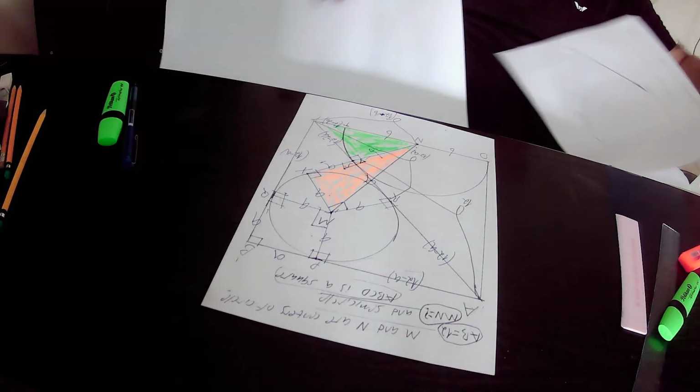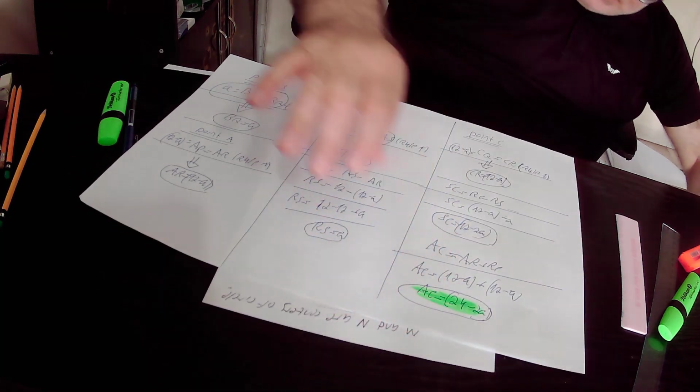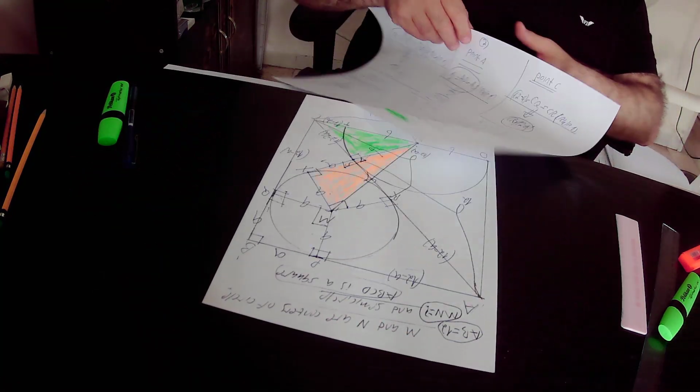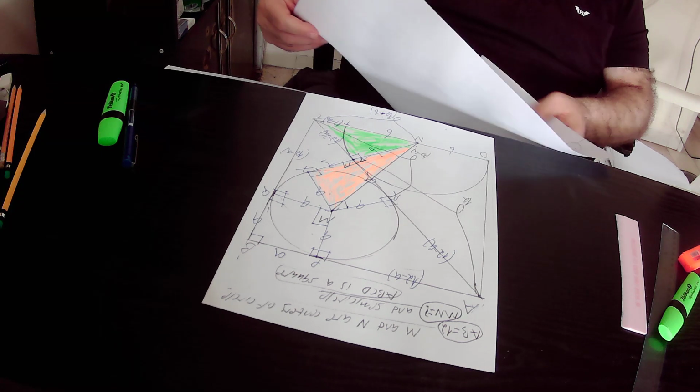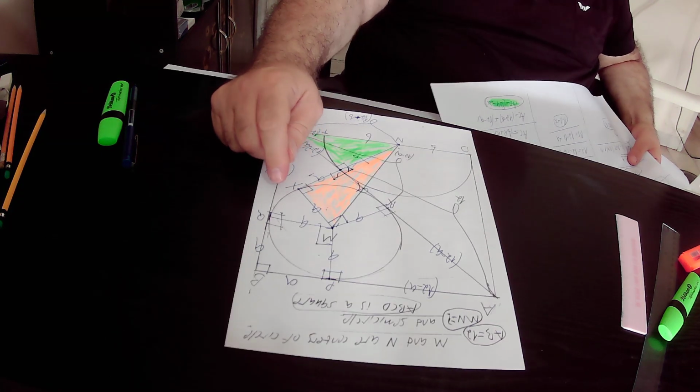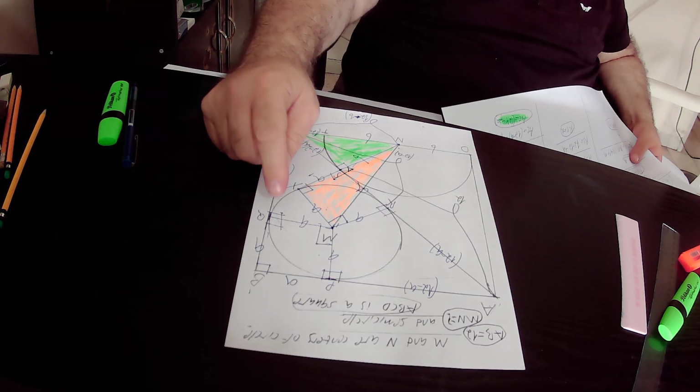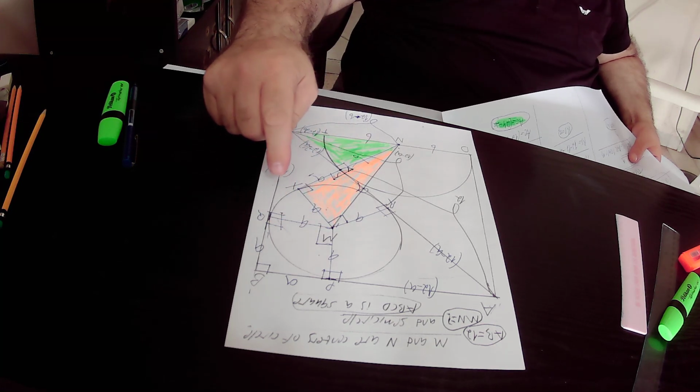We implemented rule number 1 in our drawing. We have the external point B. From the external point B we have tangent BP and tangent BQ.